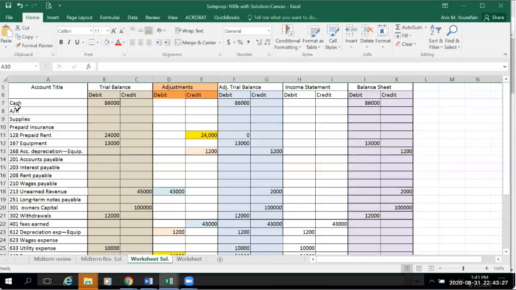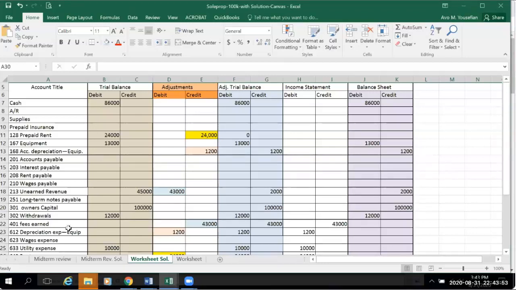Let's say accounts receivable, cash, supplies, those can be 110, 115, 120, 130, but equipment, you make it 170, 180, 190, something at the lower section of numbers.